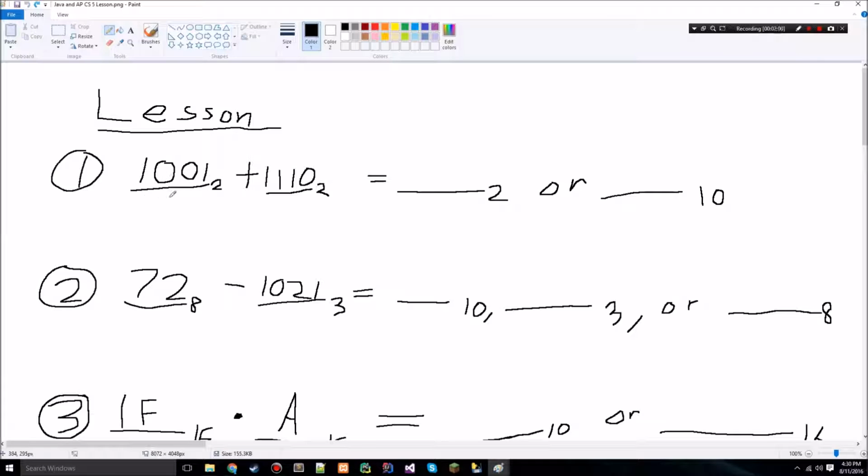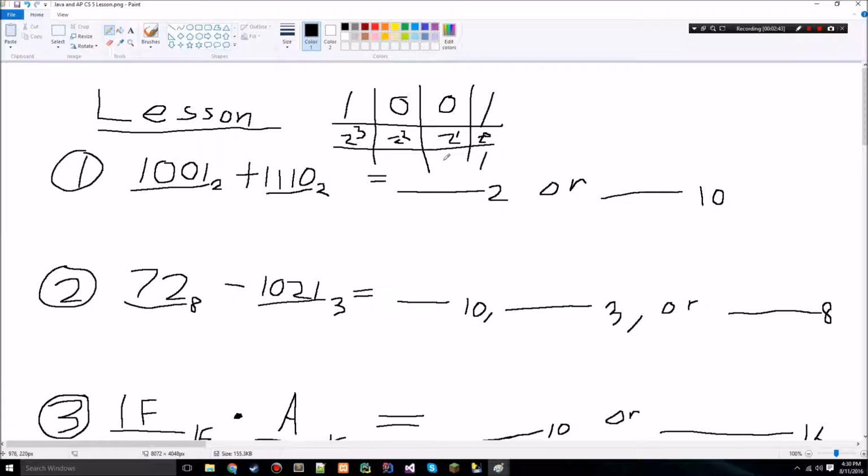So what we need to do first is convert 1001 base 2 into decimal. So let's go ahead and do that. Make a chart: 2 to the 0, 2 to the first, 2 squared, 2 cubed.